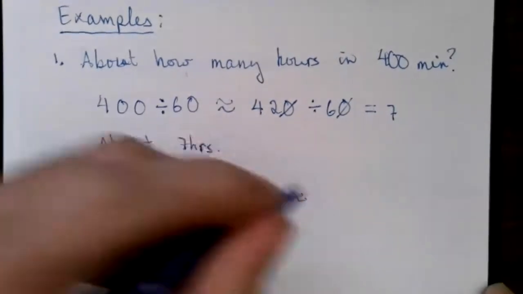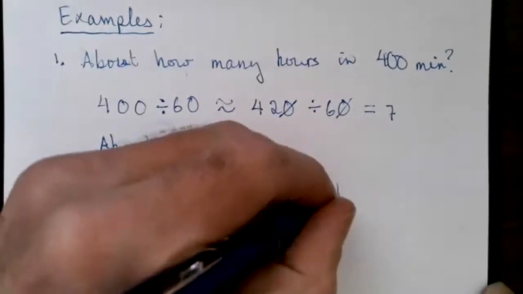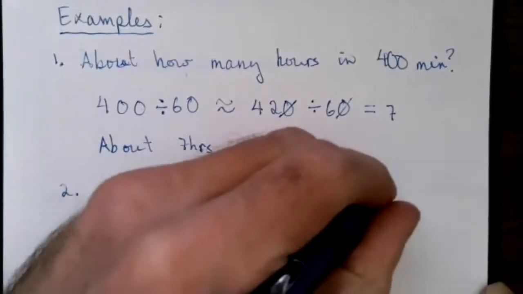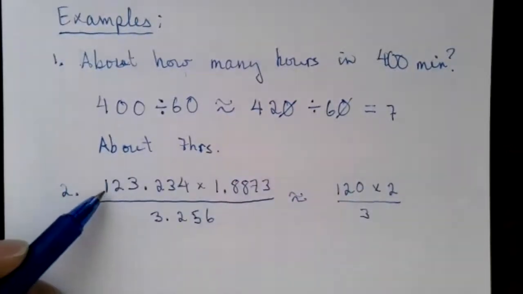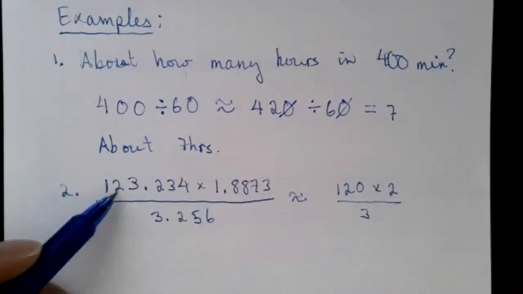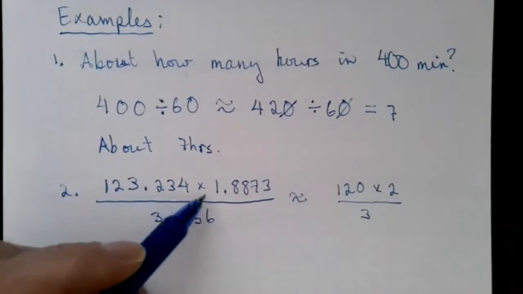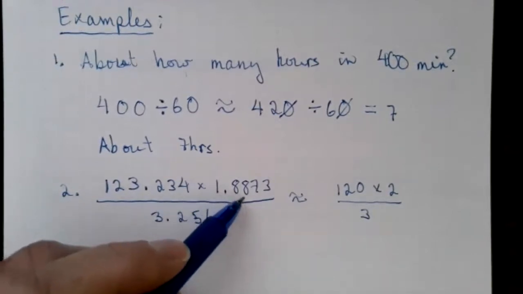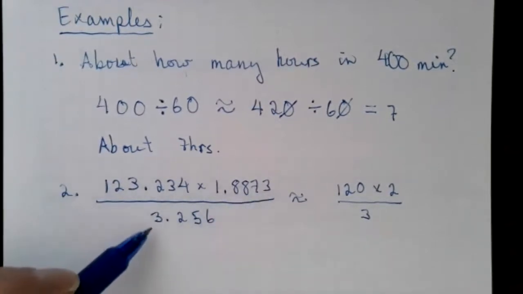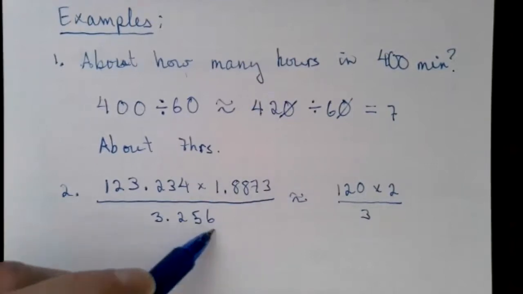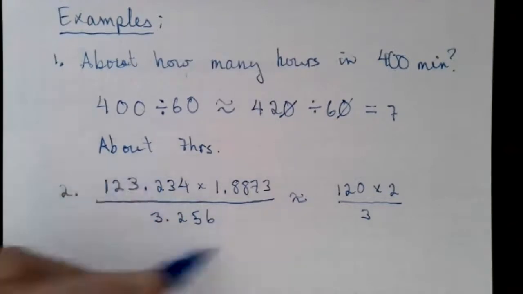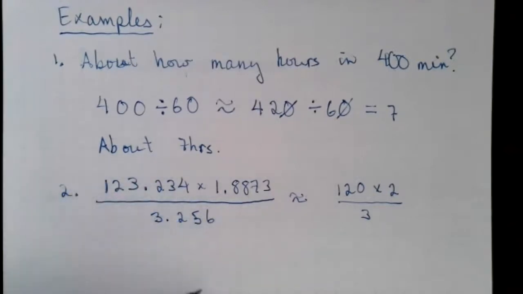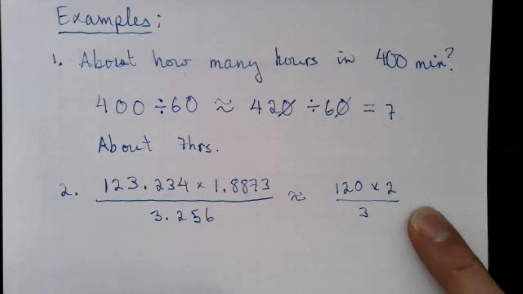Okay, let's do this. Instead of doing 123.234 times 1.8873 divided by 3.256, let's do this. Now, obviously, I would do this on a calculator, but I can do this one in my head.